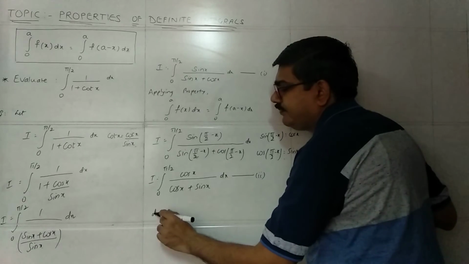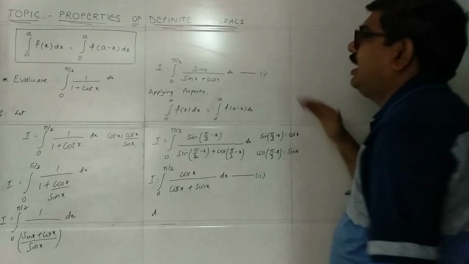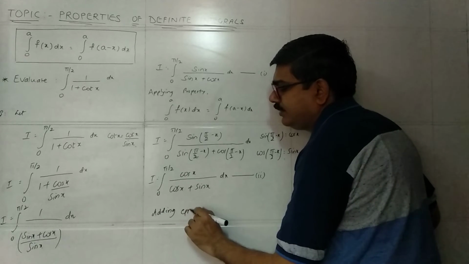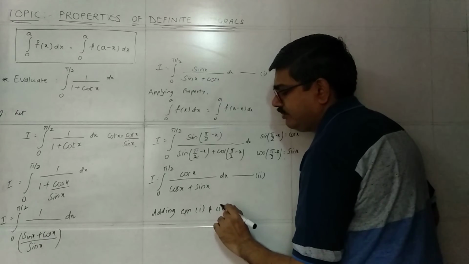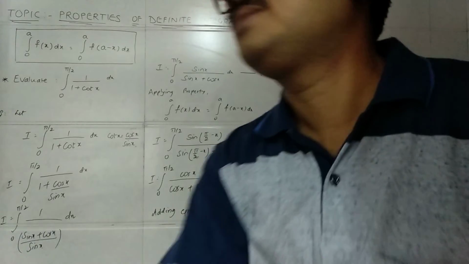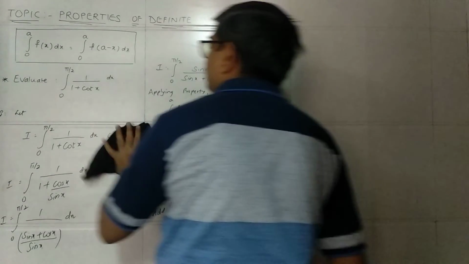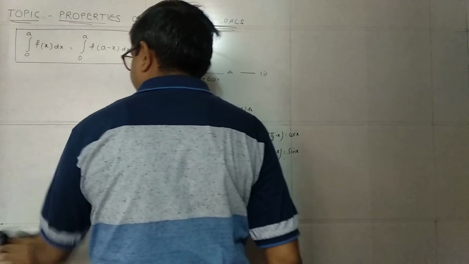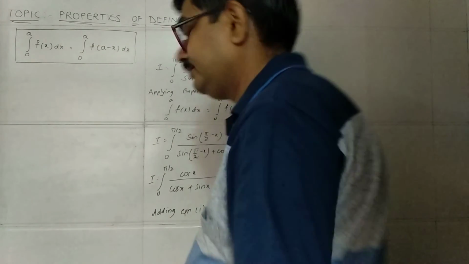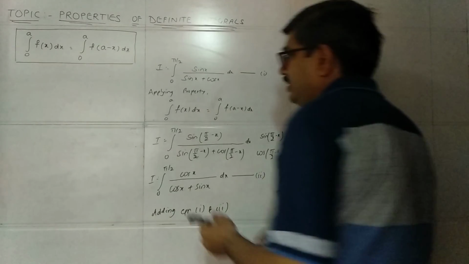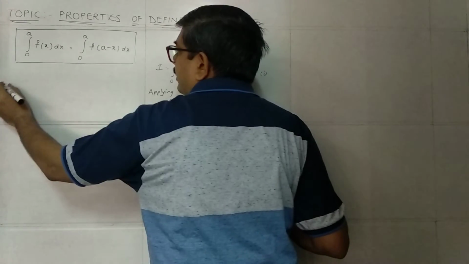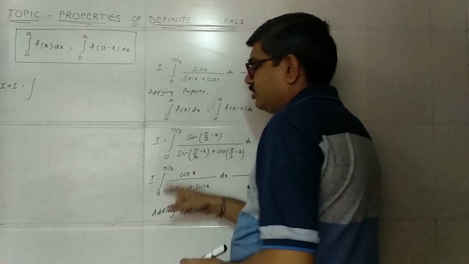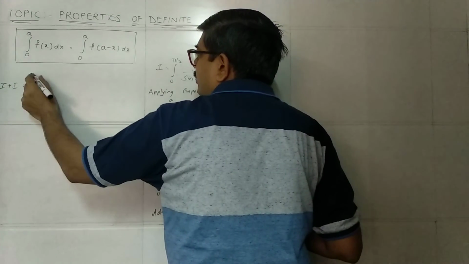So the next step is, after getting equation 2, add equation 1 and 2. So adding equation 1 and equation 2. How can I add this? In both the equations, in the LHS, I is there, so I plus I. Integral is common, so take integral 0 to pi by 2.